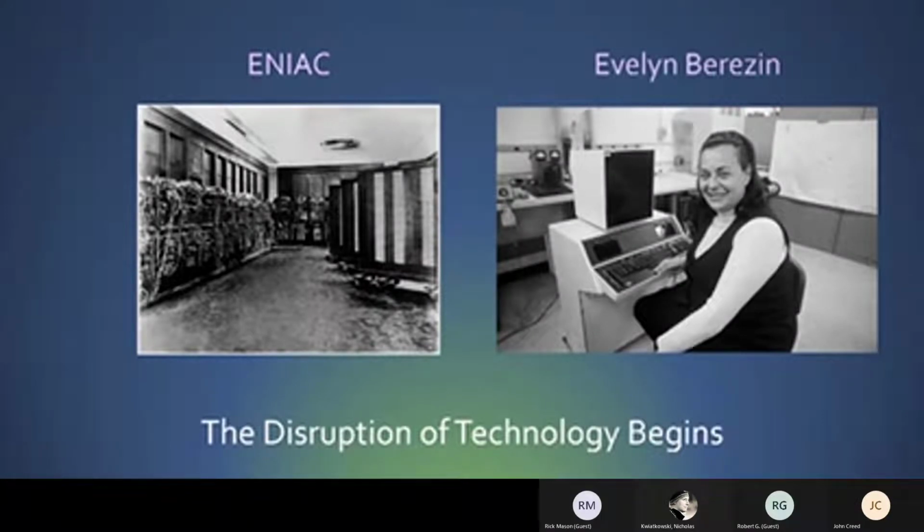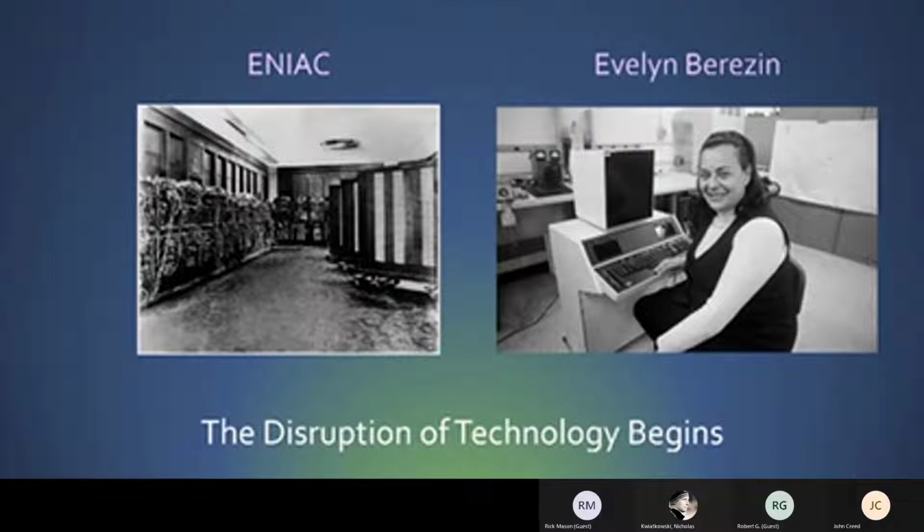How many of you have heard of Evelyn Berezin? I probably have said her name wrong, but we give a lot of credit to Bill Gates and Steve Jobs for what they've done, but very few people seem to know who Evelyn was.